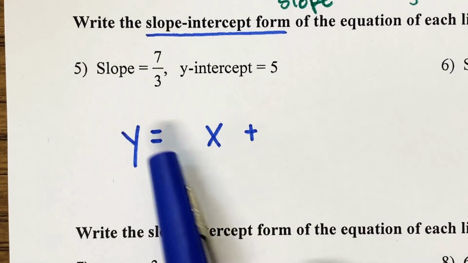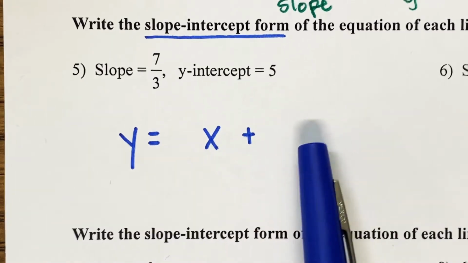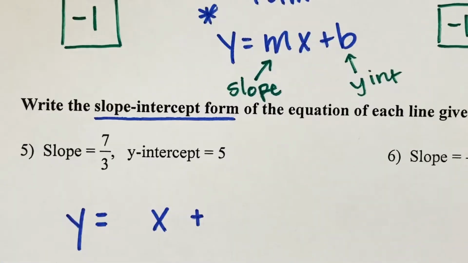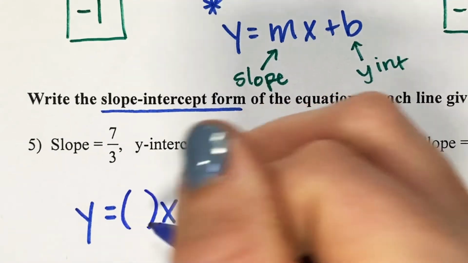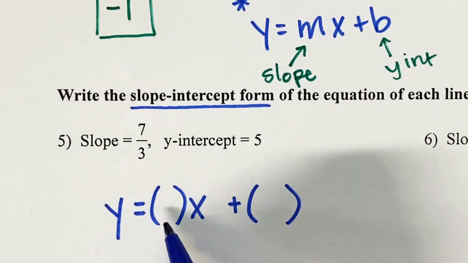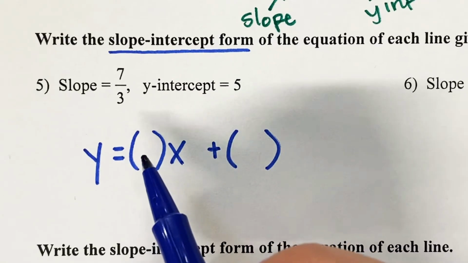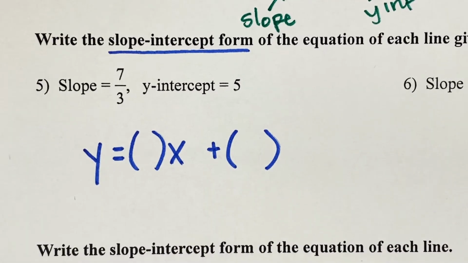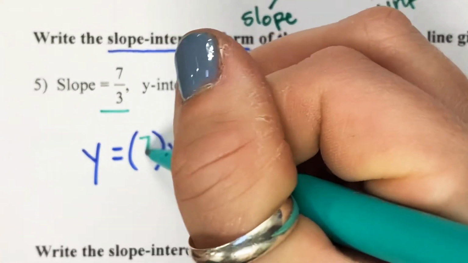Okay, so we have a couple spaces to fill in. Our first space is our slope. Okay, in fact, I'll put a little spaces. Okay, so our first blank space is our slope. So what is our slope that it gives us? 7/3.